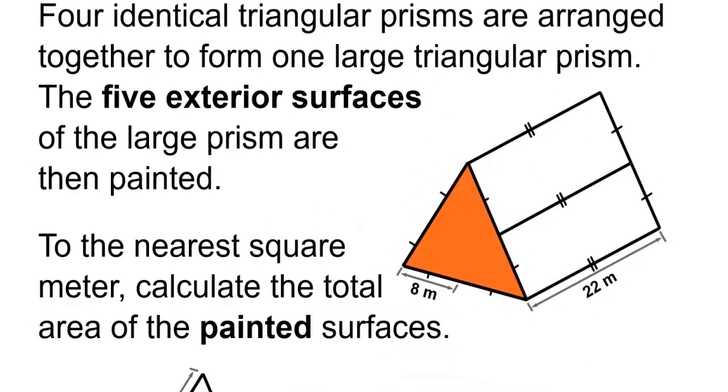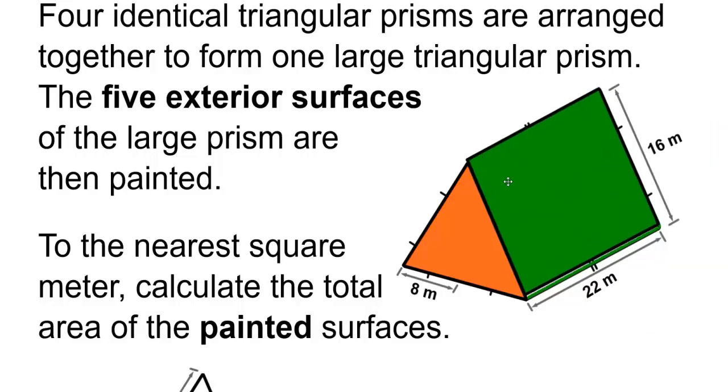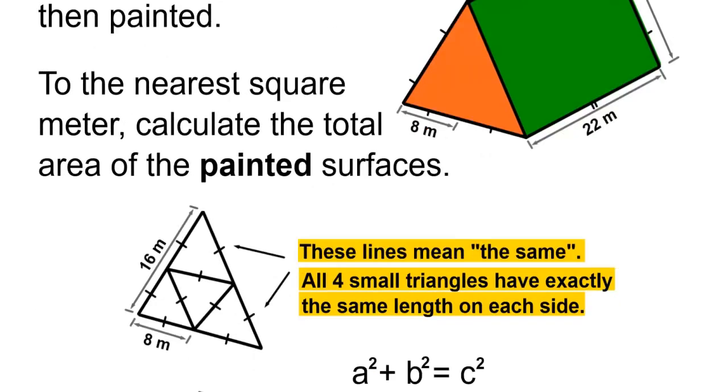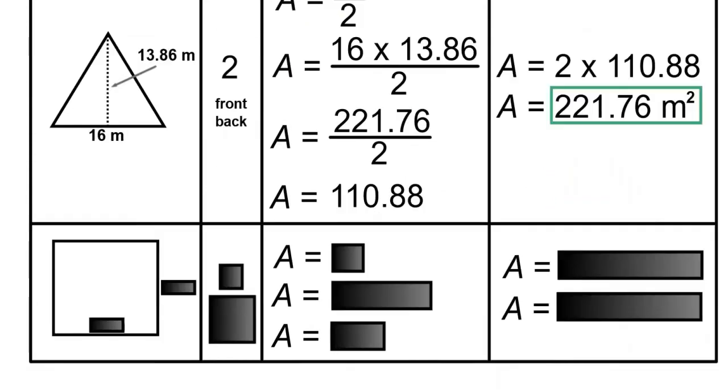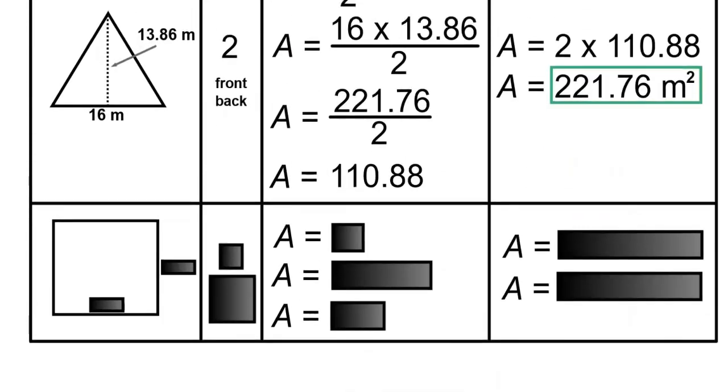We'll now find the area of the rectangular side. This is 22 meters, and the height will be 2 of those lines, therefore 16 meters. So the base is 22 meters and the height is 16 meters.